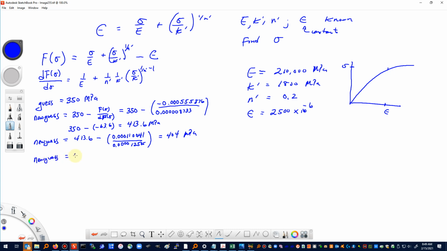My new guess is going to be 404.8 minus 404.8 divided by 210,000 to take my F of sigma term. Then 404.8 divided by 1800 to the fifth power. Subtract off 2500 microstrain.